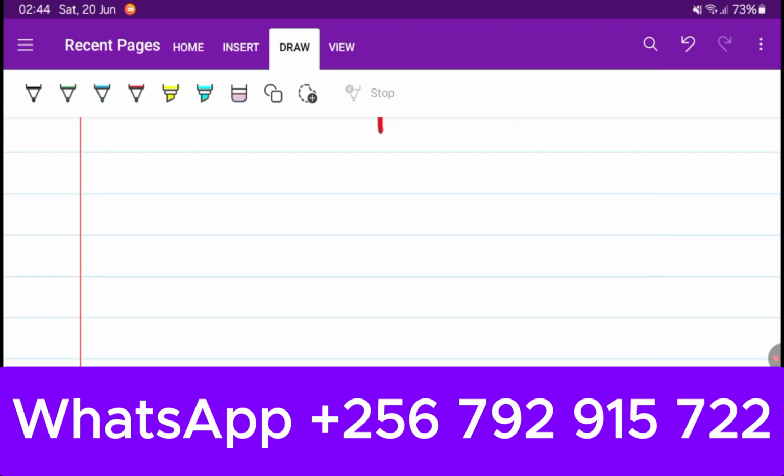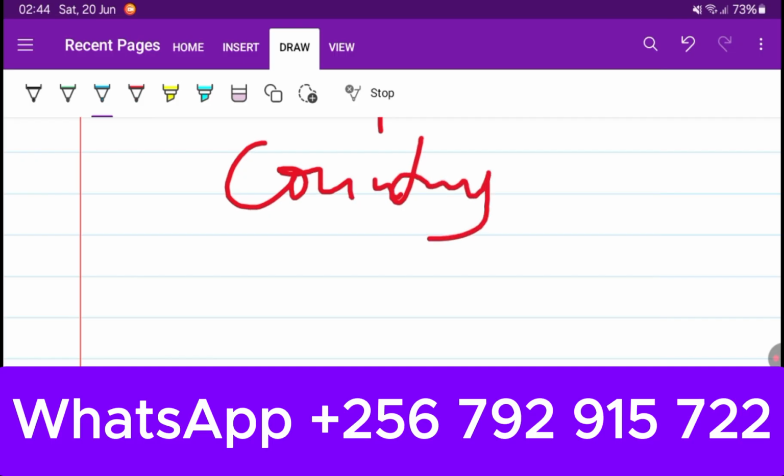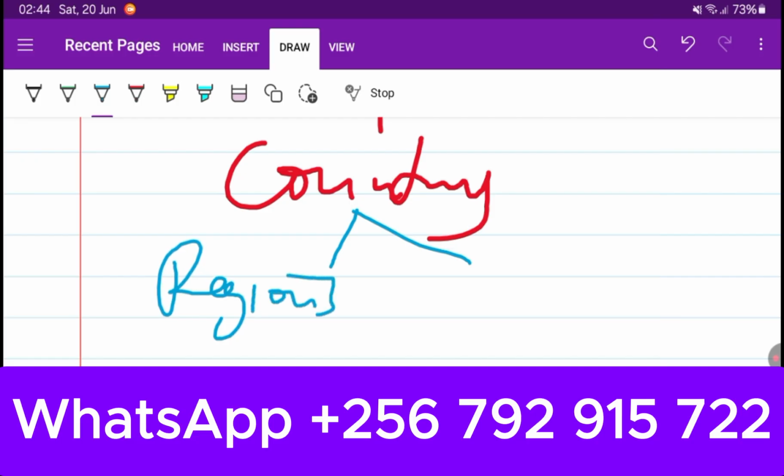If you are looking at a country, you can pick out regions. Maybe this is East, maybe this is central region.